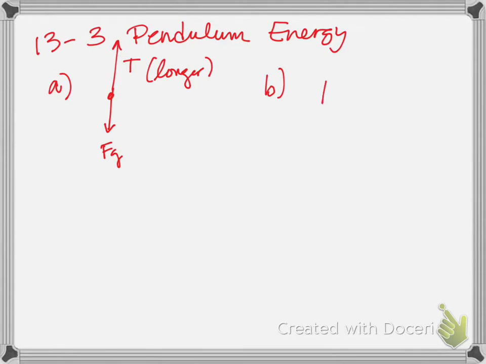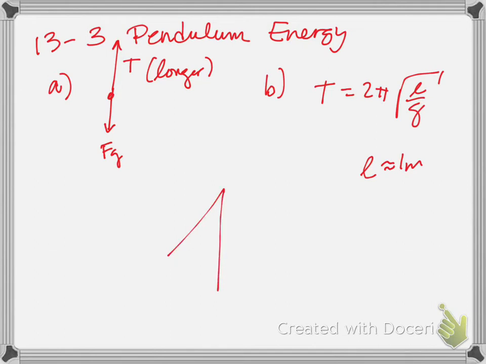So I used the period to find the length of the string, and it's about 1 meter. And then remember, we've done this before. This is the height drop, right? It starts here and it ends here, so we're going to do mgh equals 1/2 mv squared. But what's our height drop here?